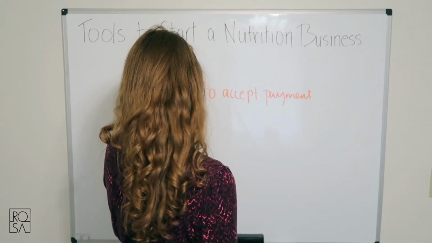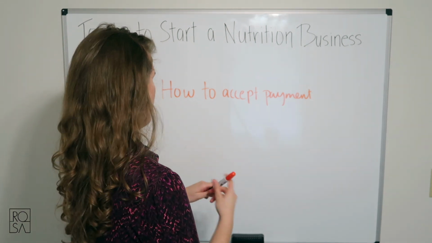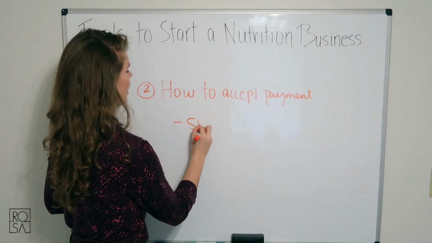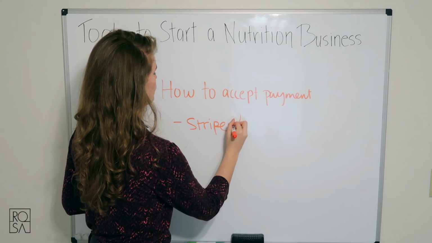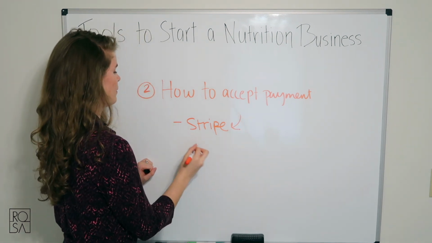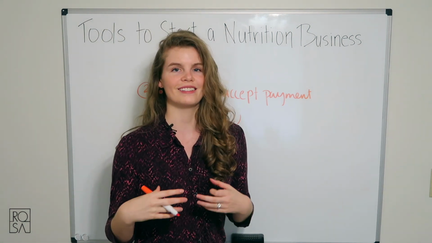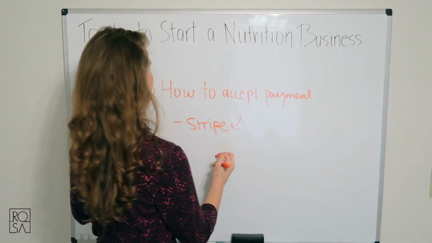All right. So what I actually recommend is a payment processing software called Stripe. I'm going to be linking all these softwares down below in the description so that you can go check them out. Stripe is an excellent payment processor. It's a lot more formal. It's more business oriented, right? And you can send invoices.